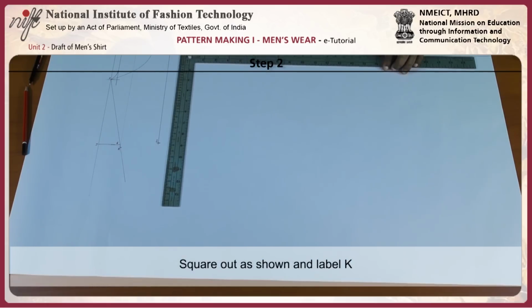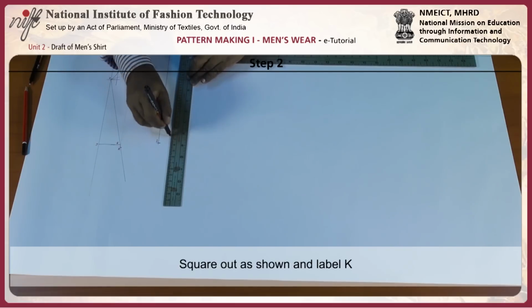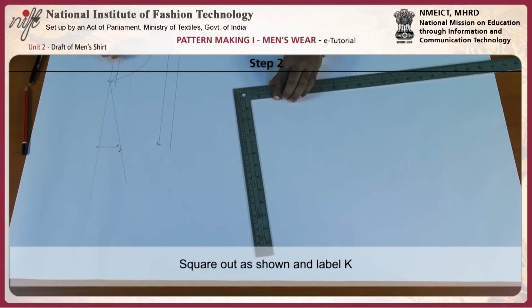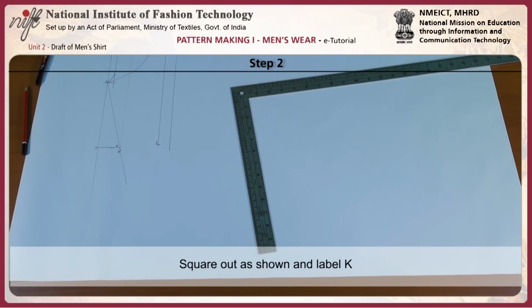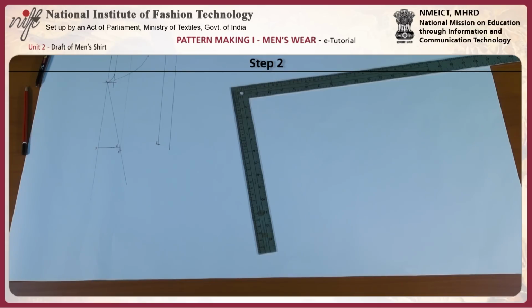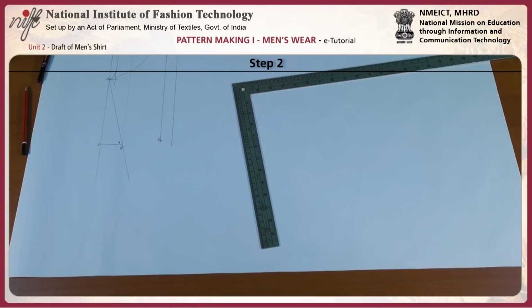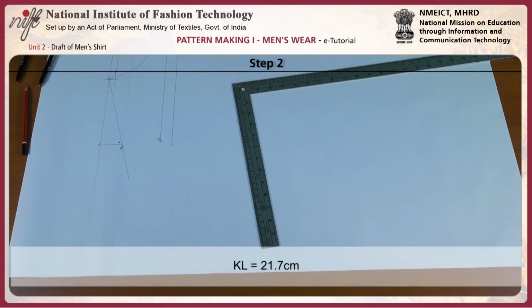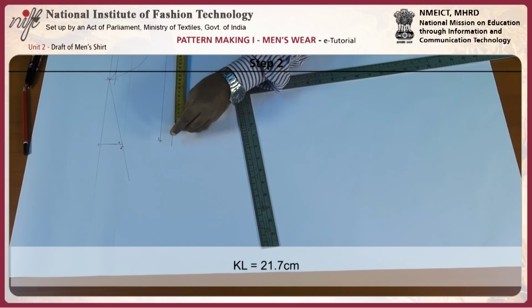Square out the mark and label K, and K to L is 21.7.